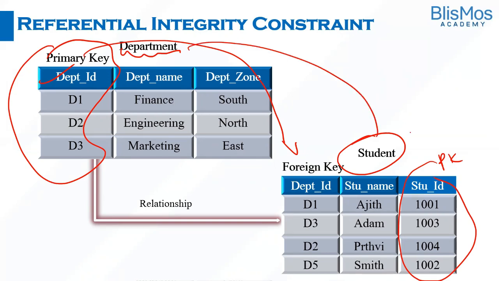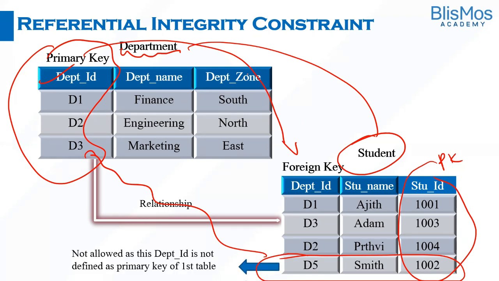So we also need to enforce referential integrity here. If you observe clearly, there are some values like D1, D2, D3 as a part of the department ID. Look at this. D5 is not there as a part of the primary key of the department. So what happens is, as a part of the referential integrity constraint, this is not allowed because it is not there in the parent table.